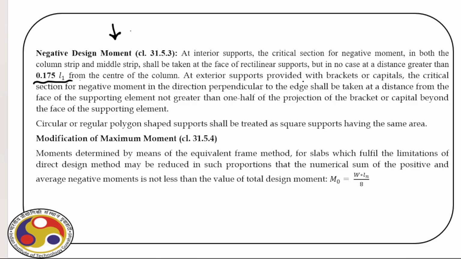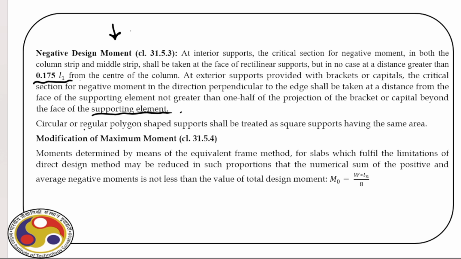At exterior supports provided with brackets or capitals, the critical section for a negative moment in the direction perpendicular to the edge shall be taken at a distance from the face of the supporting element not greater than 1/2 of the projection of the bracket or capital beyond the face of the support. So this tells us the location.